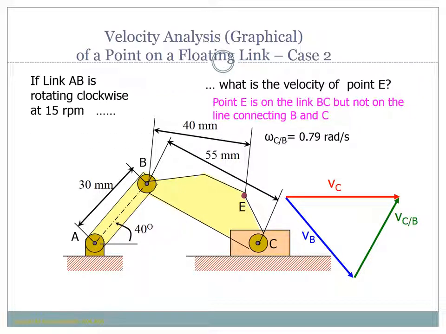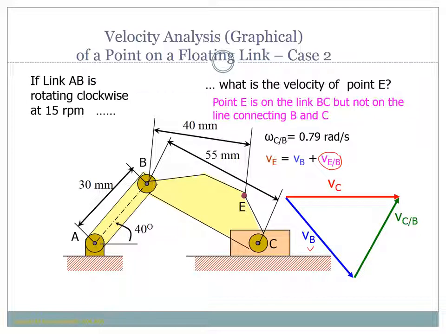So omega CB is equal to 0.79 radian per second, which comes from the previous one. VE is equal to VB plus VEB. We know the VB. Now we need to find VEB.